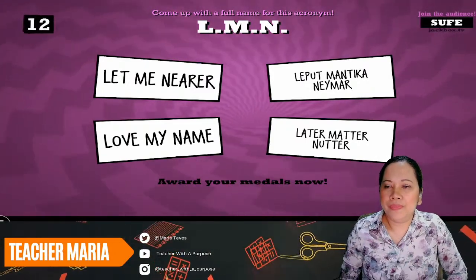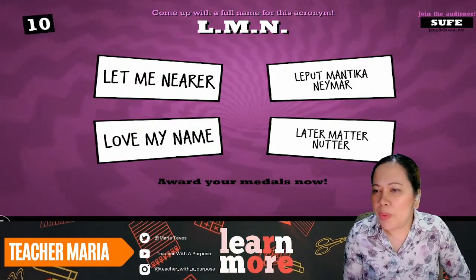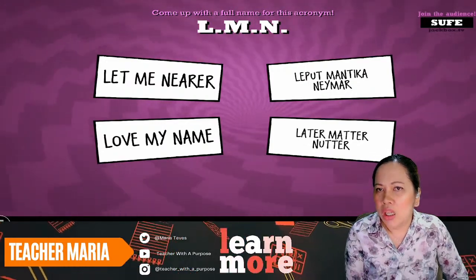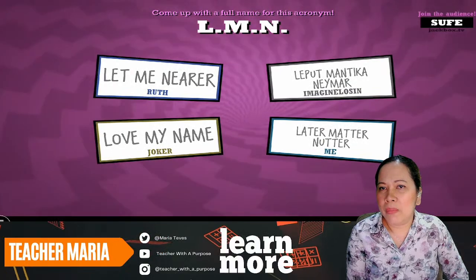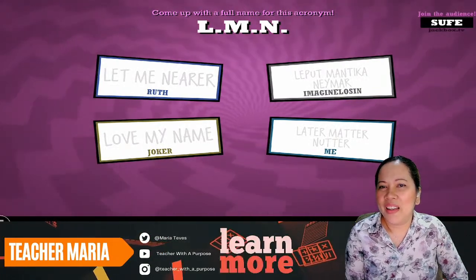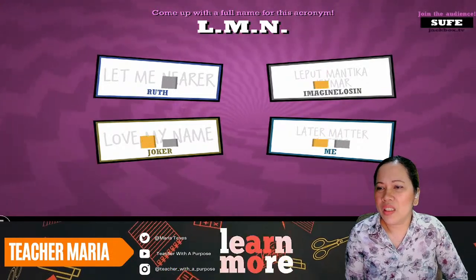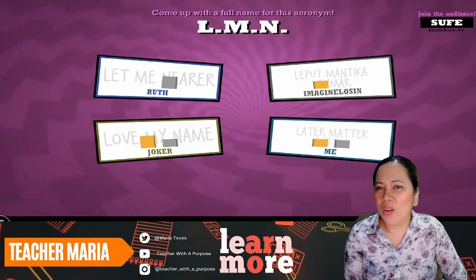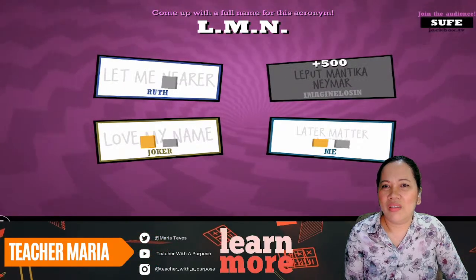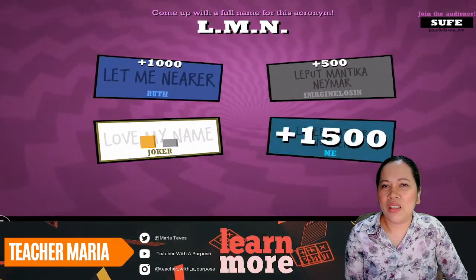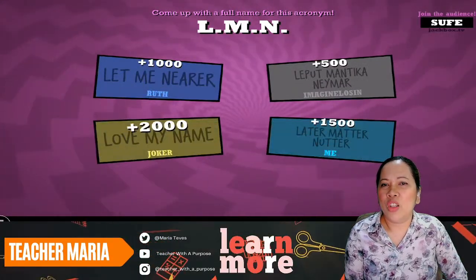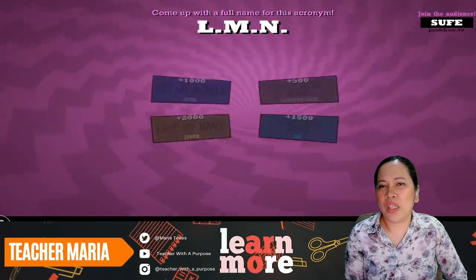Let's go. Okay, everyone, let's see who got those medals. Show me the silver and gold. Hard points. 1,000, 1,500, 2,000.